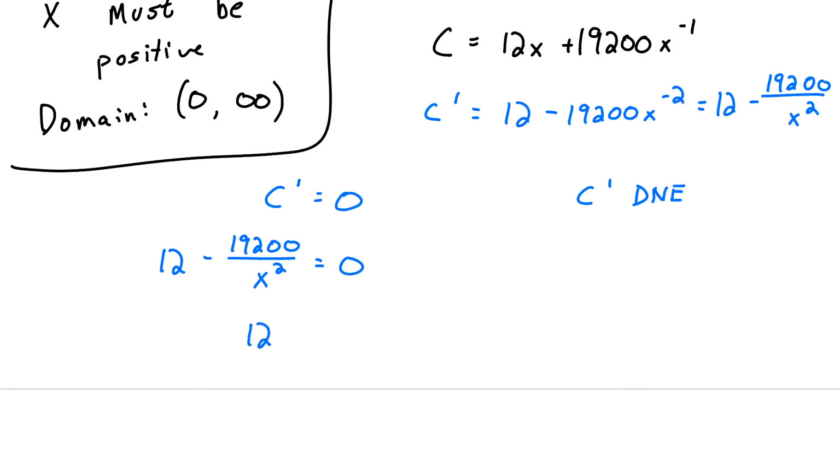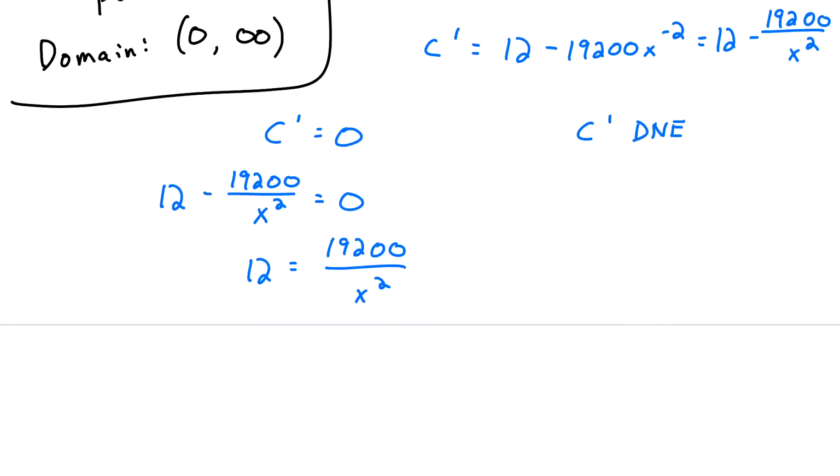That'll give me 12 equals 19,200 divided by x squared. And then I'll multiply both sides by x squared so that I can get that x squared out of the denominator. So that'll give me 12x squared is equal to 19,200.